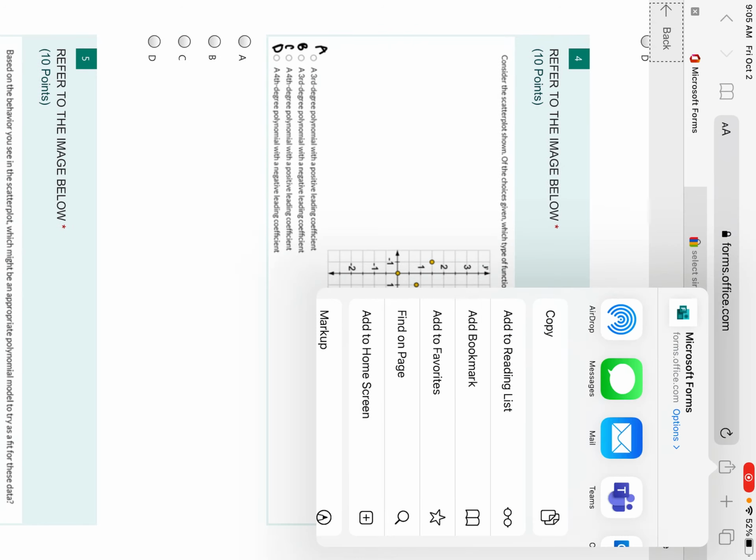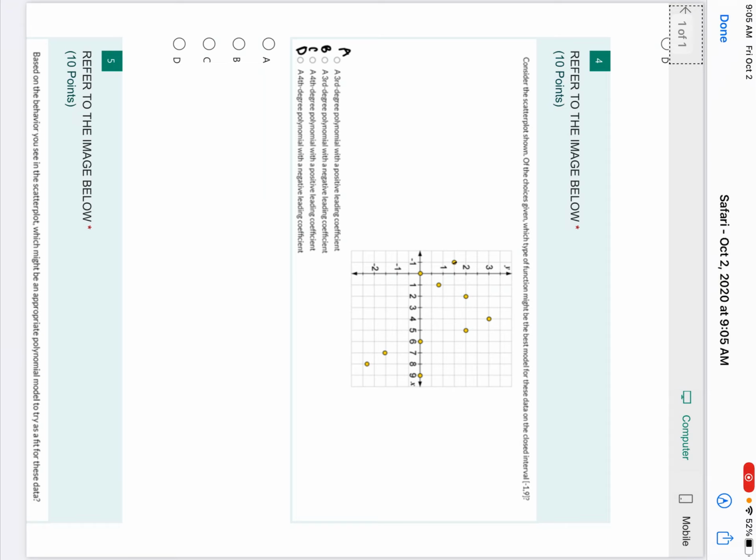On number 4, I'm going to go ahead and trace the scatter plot for you. That way you can see it a little bit better. Now, on number 4, look and notice that the left end is pointing up and the right end is pointing up. It has 1, 2, 3 max and min values.